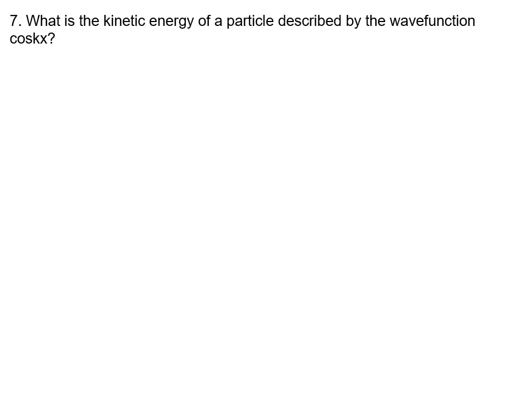Question number 7. What is the kinetic energy of a particle described by the wave function cosine kx? In quantum mechanics, if we want to find an observable, in this case kinetic energy, you need to use the corresponding operator. The operator operates on the wave function.